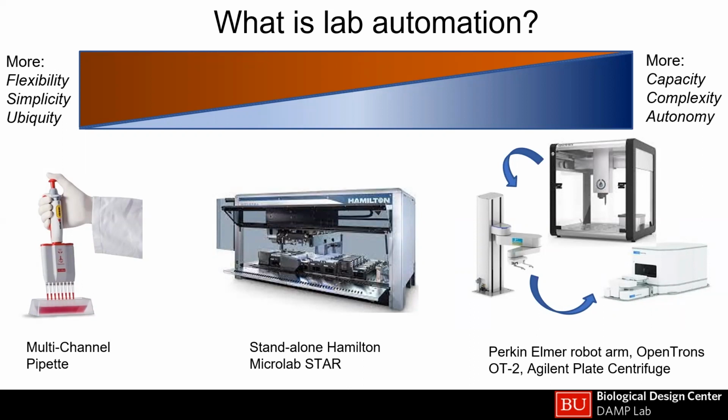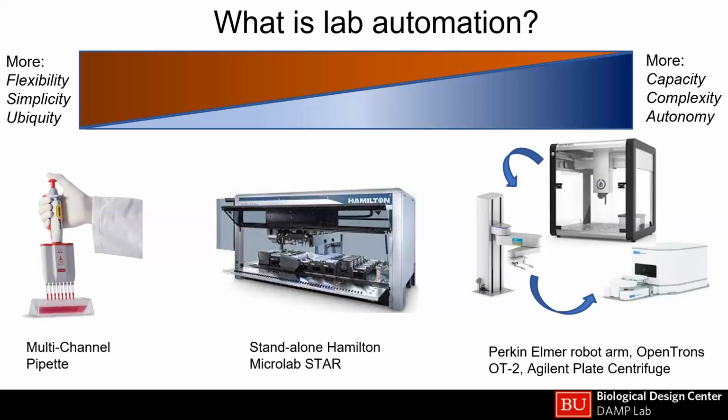These are things that are more flexible, more ubiquitously found, and more simple, you could say. And then on the opposite end of the spectrum, you have work cells or systems that are multiple pieces of equipment integrated together, or more complicated systems that typically have an increased capacity and more autonomy.